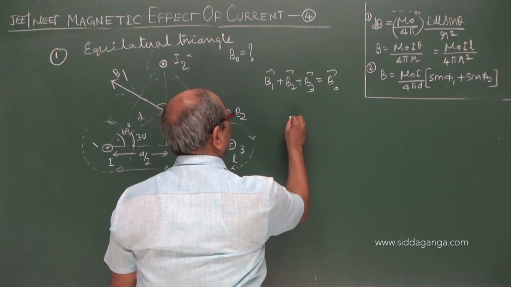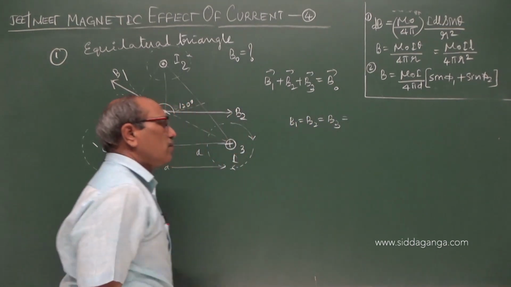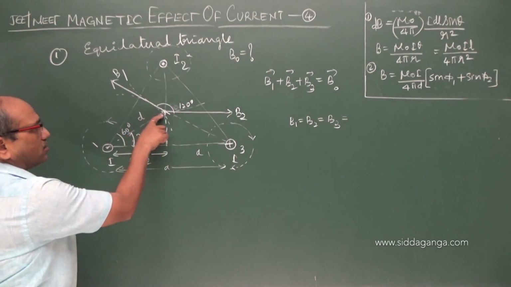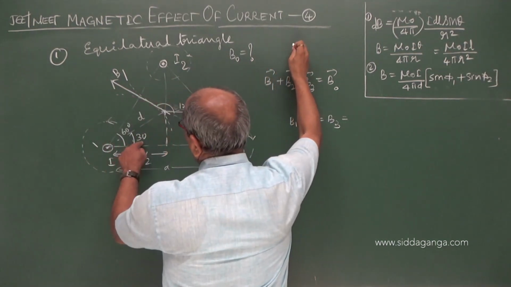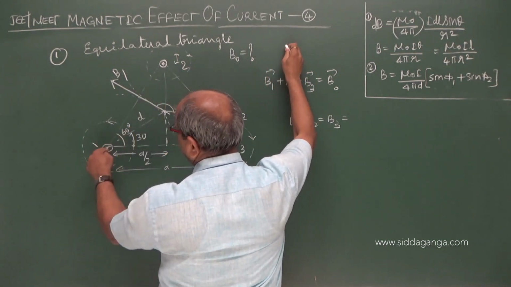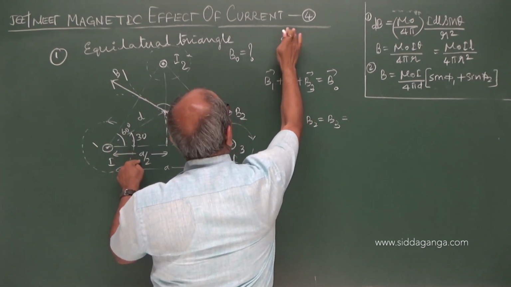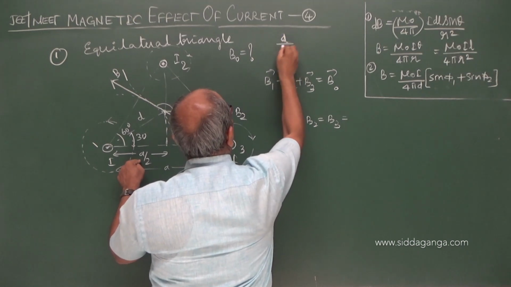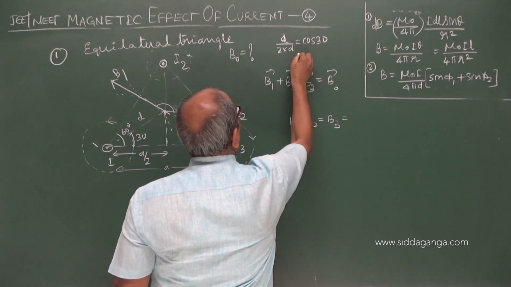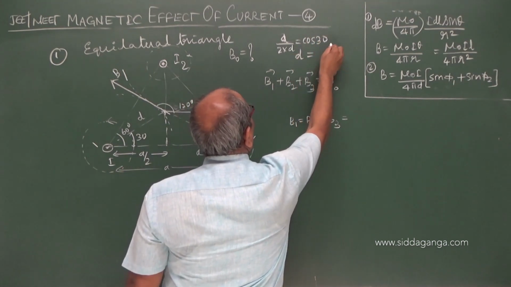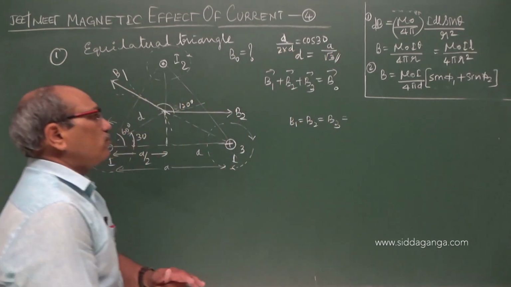So the magnitude of B1, B2 or B3 is the same, because the distance is the same and the current magnitude is the same. But you want to know the value of d, the distance of the point from the center. To calculate, a by 2 equals d into cos 30, or d equals a divided by root 3, because the 2 cancels with the root 3 by 2.